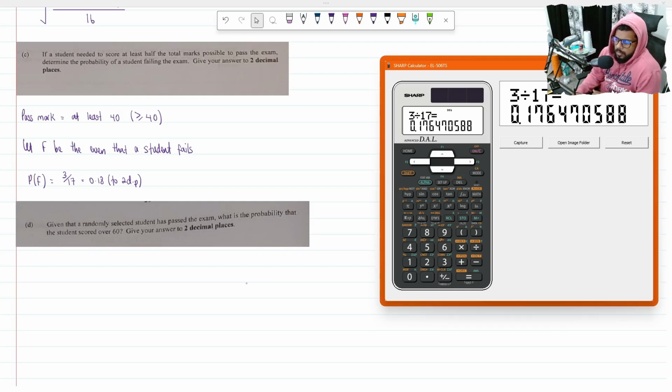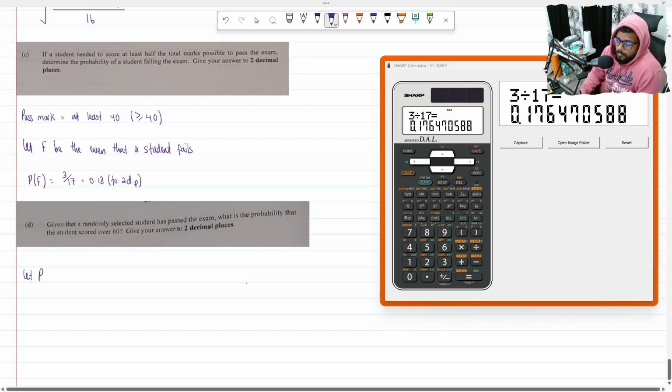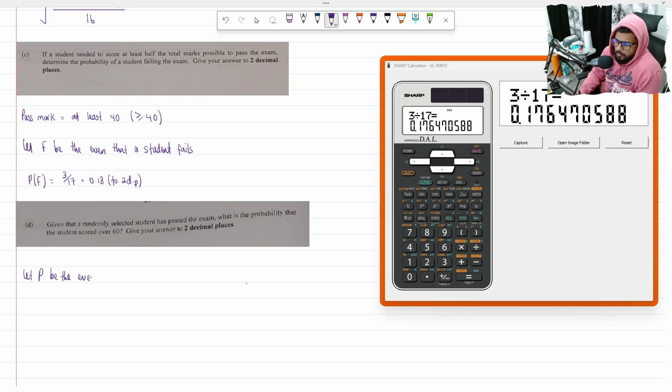Let P be the event that a student passes the exam. What's the probability that the student scored over 60?